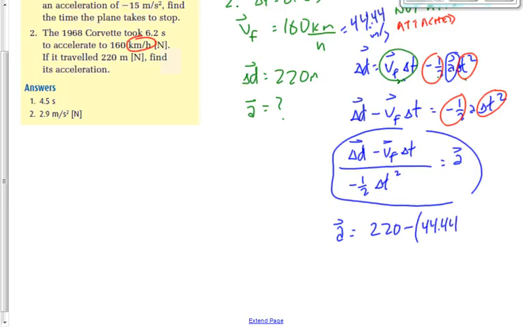Let's multiply that by the time. What was the time? 6.2. And we divide that by negative 1/2 of 6.2 squared.